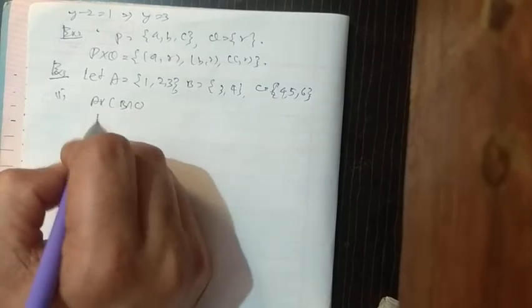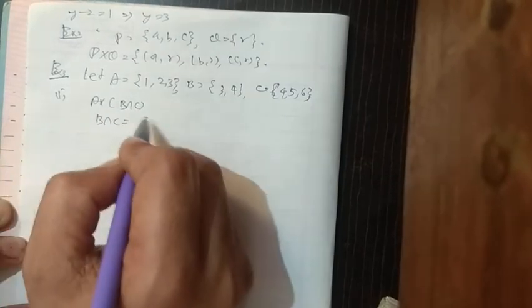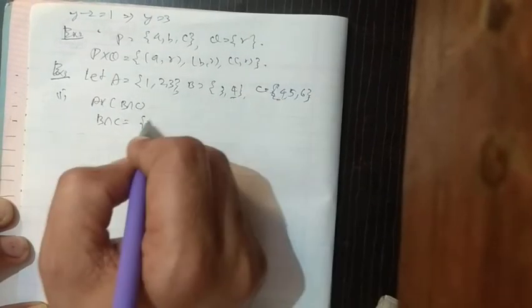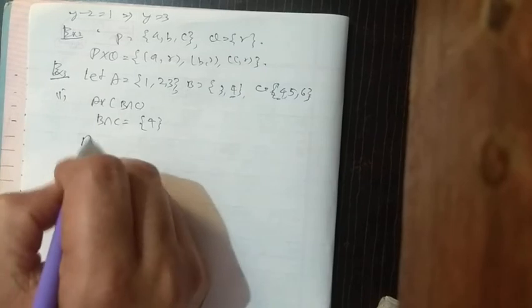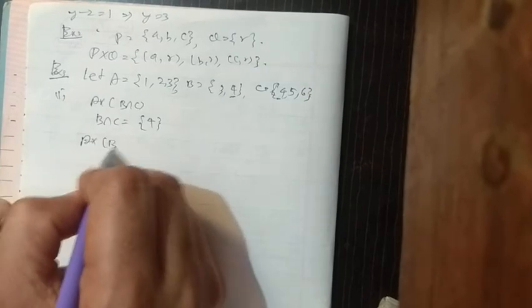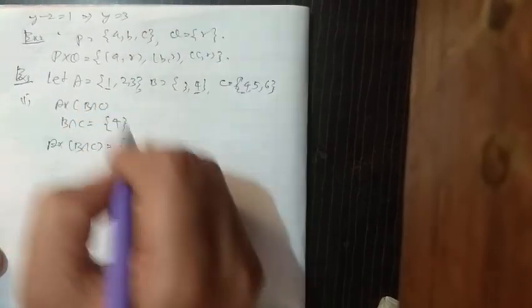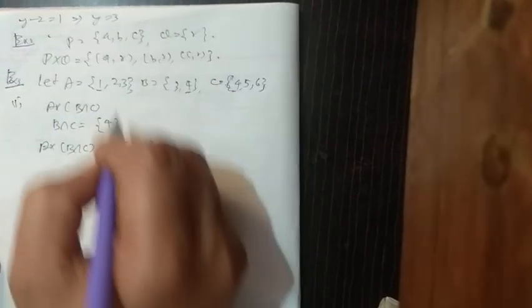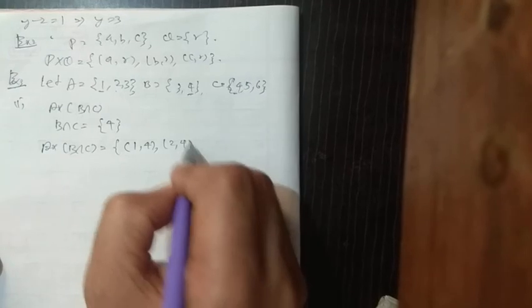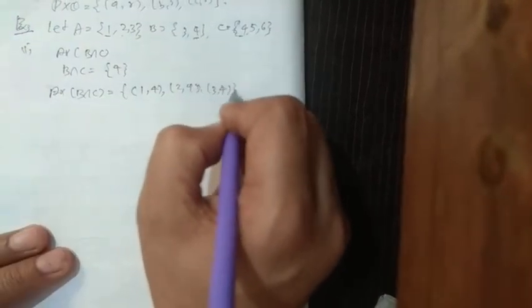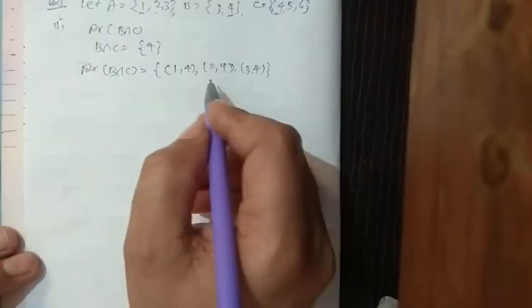So first you find B intersection C, that is the common elements in B and C, which is 4. Now you find A cross (B intersection C). Taking the first element of A, (1, 4), second element (2, 4), and third element (3, 4). It is A cross (B intersection C).